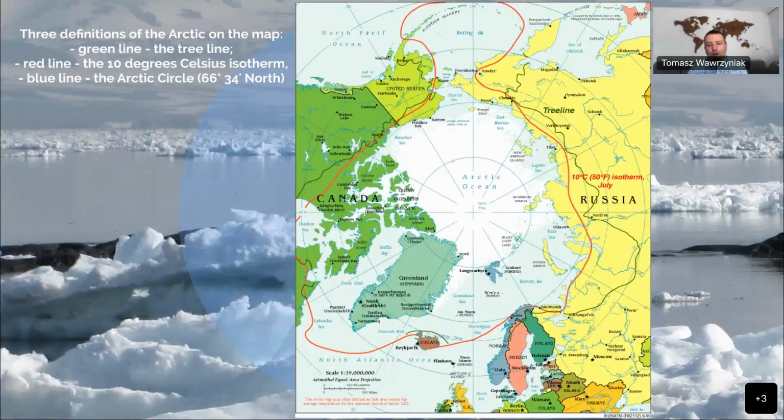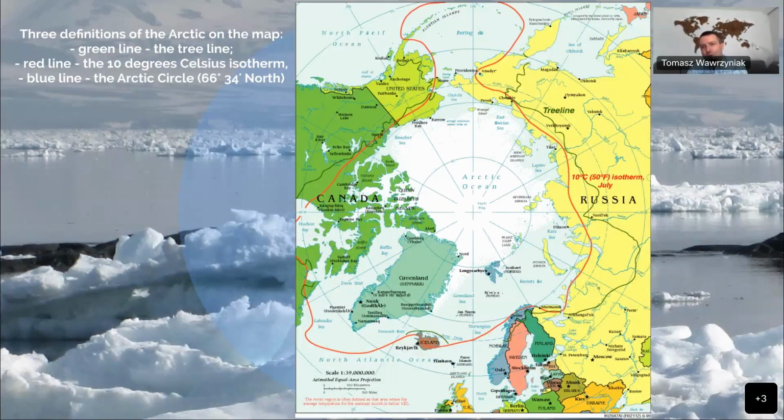For example, the green line presented here is the tree line. The other one, the red one, is the 10 degrees Celsius air temperature isotherm in July. And you can also see the blue line that was shown before, that's the Arctic Circle.